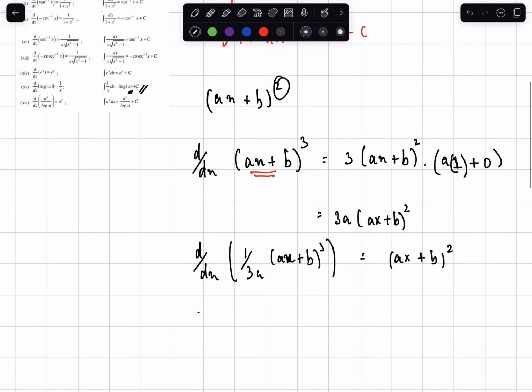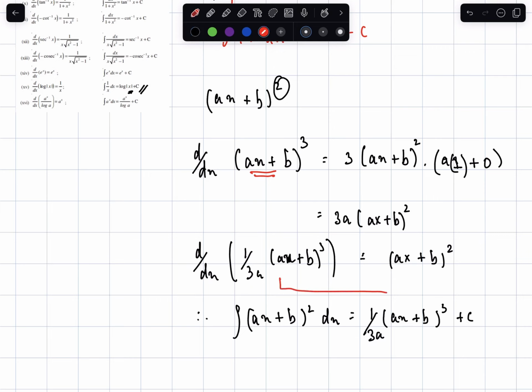So what does this mean? Therefore, the integral of ax plus b the whole square dx, remember, don't forget the dx, a lot of people forget that, is equal to 1 by 3a times ax plus b the whole cubed plus c.